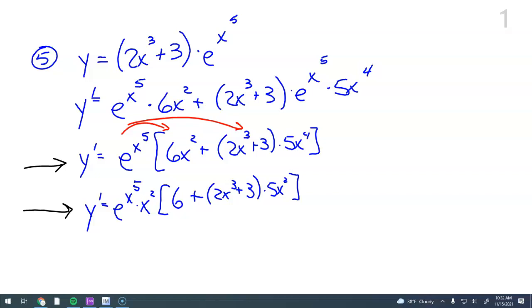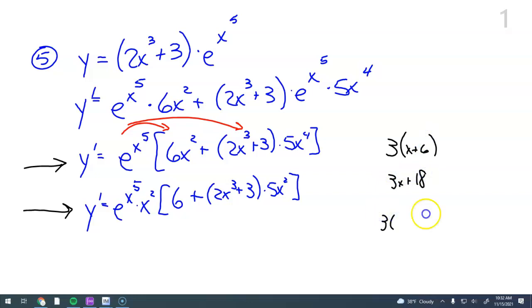How come the e to the x to the 5th, why is it not in the brackets? Why is it out here, you're saying? No, I understand why it's out there, but why is the other one not in the brackets? This one? Yeah. So when you distribute, like 3 times x plus 6, 3x plus 18, right?